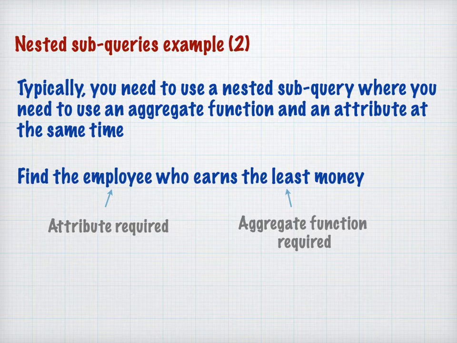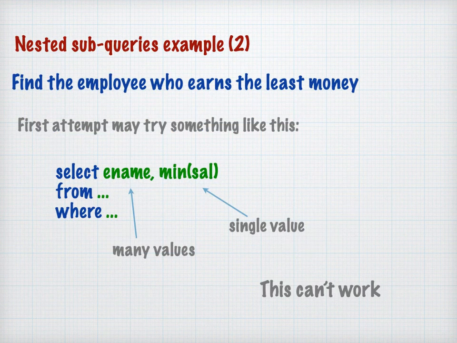If you're starting out in SQL, you might try something like this, ename, min sal. And that can't work because, of course, min sal returns a single value, doesn't it? It's the minimum value, the minimum salary. Whereas ename, well, there could be lots of people earning that minimum salary.